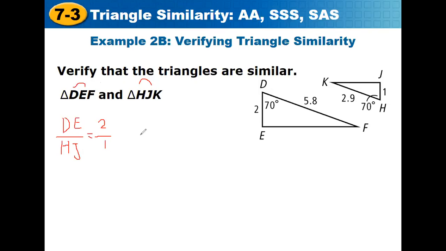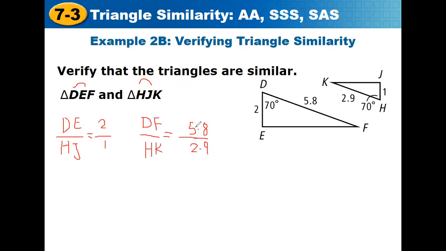Do you have the length for DF? Yes, 5.8. Exactly. So I have DF and HK, which is 2.9. Then it will be 5.8 over 2.9.